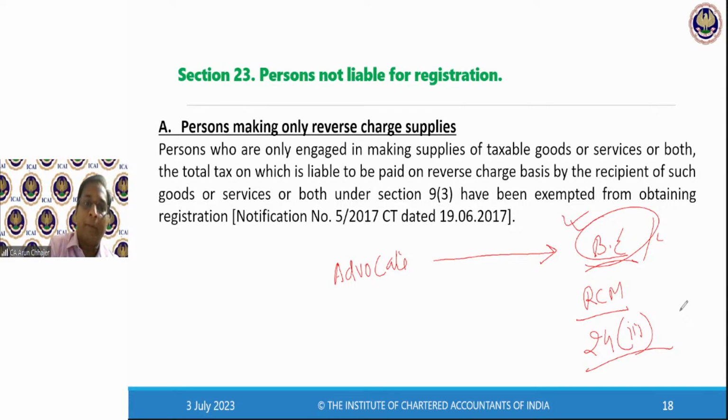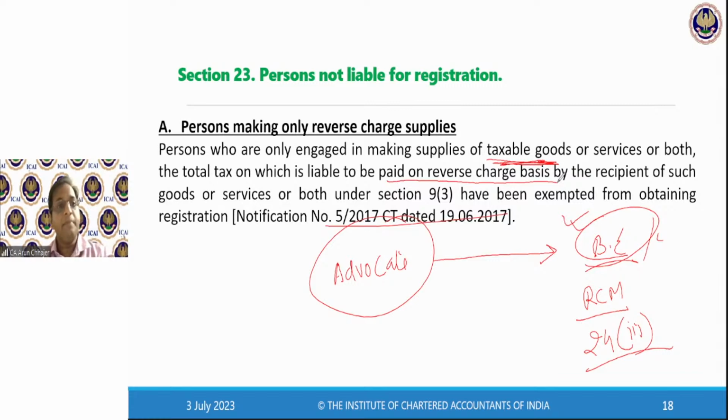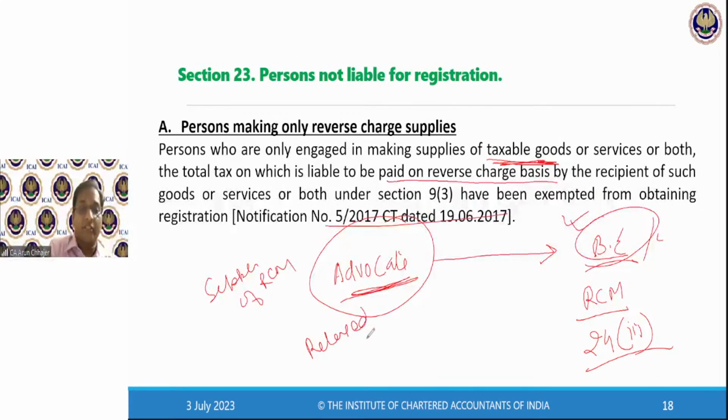The government, by using the power of 23(2), has issued this notification that advocates who are only making supplies which are liable to be under reverse charge, meaning they will not pay the tax, the recipient will pay the tax, in that case the supplier of RCM is relaxed from registration, irrespective of any threshold limit.